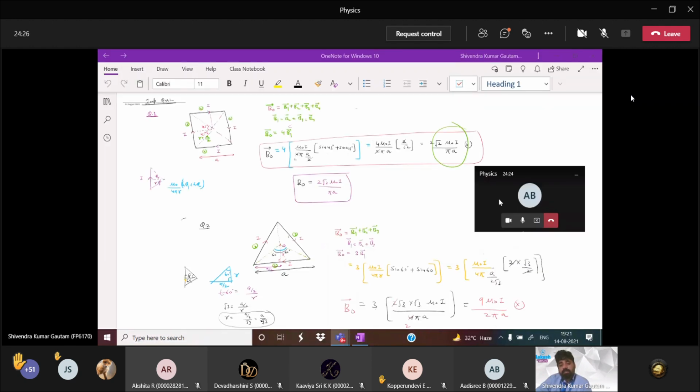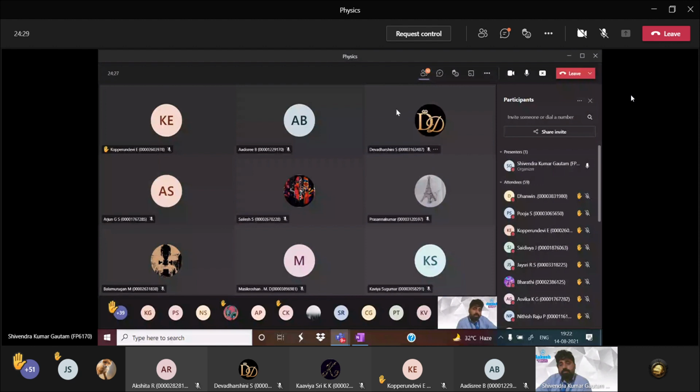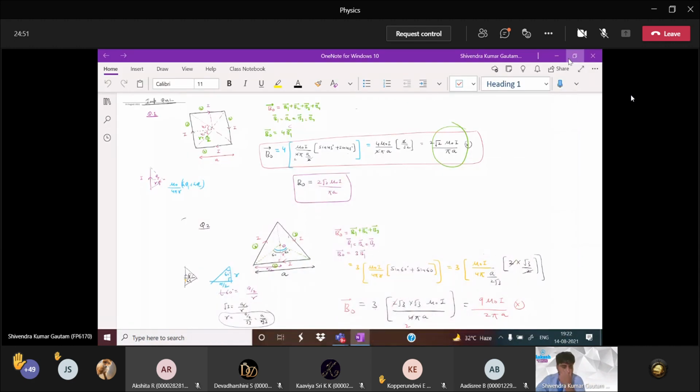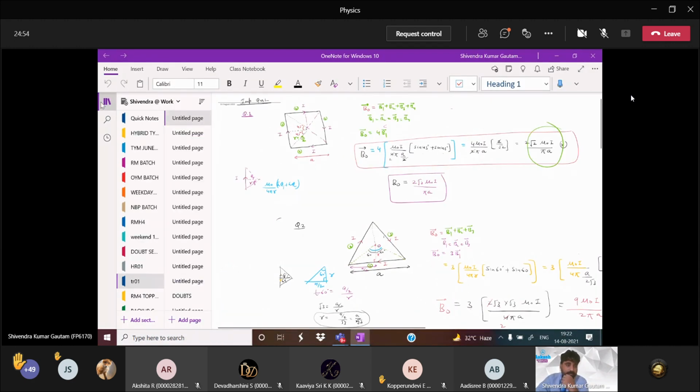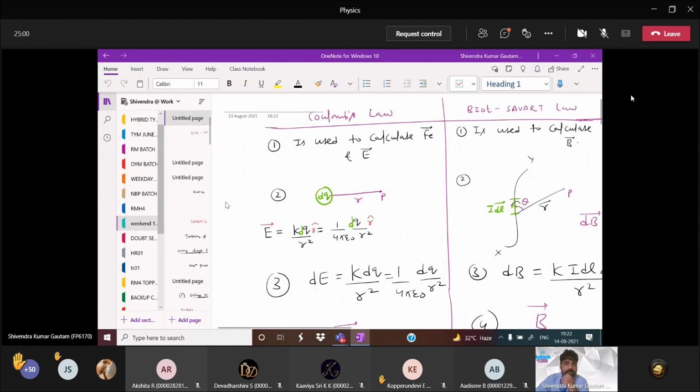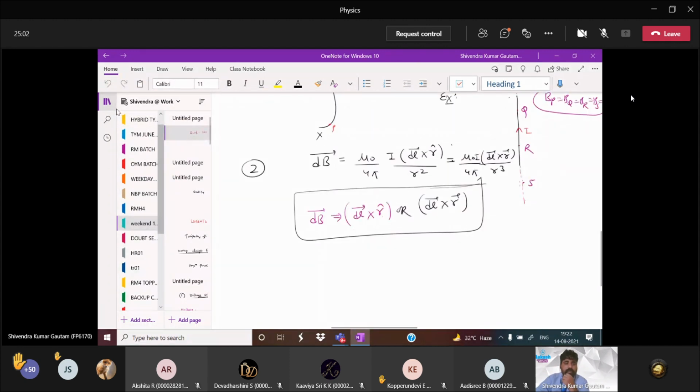I told you, if you focus properly on this chapter, the other two chapters are completely related to it. So if you are clear with all the basic things, magnetic force, magnetic field, direction, application, then coming to the chapters magnetism and matter and EMI, it is not difficult. What I discussed yesterday, I will tell, or now you can take a screenshot, those who have missed.